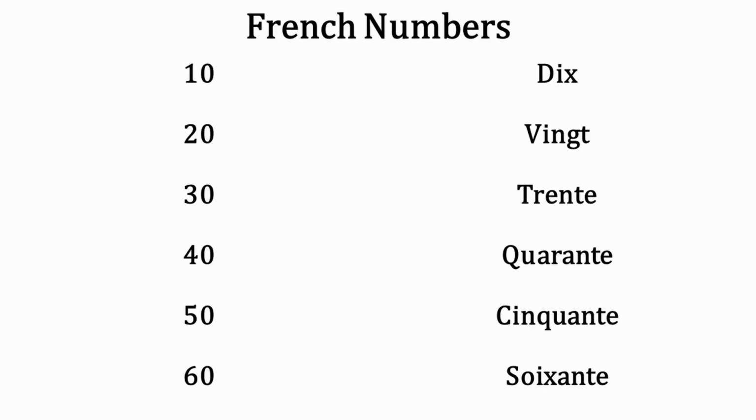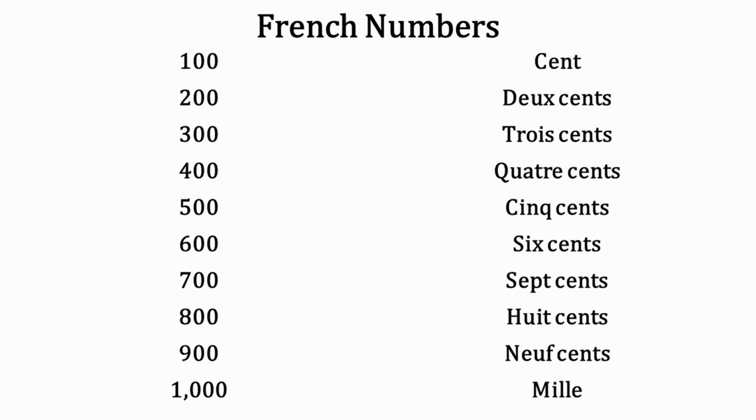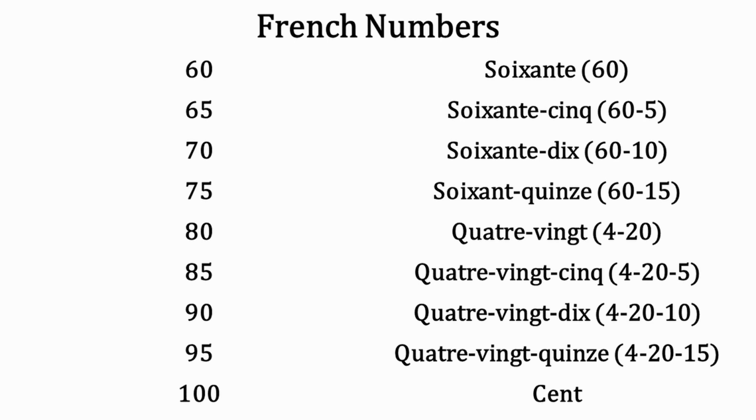French uses a particularly unusual system, where it's base 10 up to 70, base 20 between 70 and 100, then switches back to base 10. Between 70 and 80, it uses an impure vigesimal system built on the word for 60, while 80 to 100 uses a purer system expressed in terms of 20s.